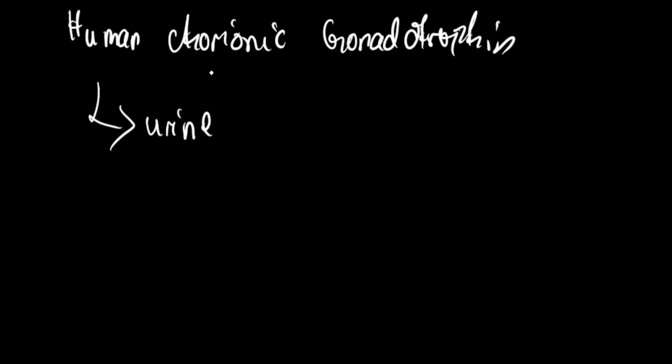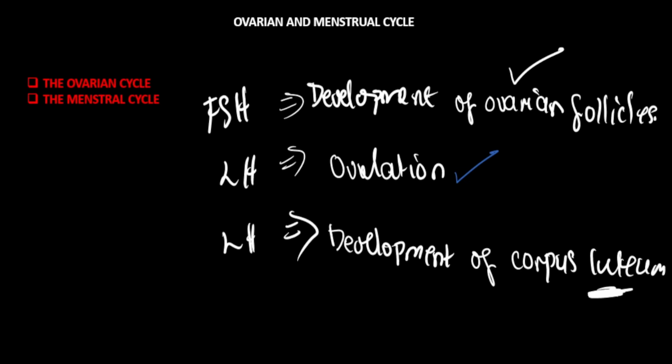Of course, this is because it's produced by the developing embryo, particularly the trophoblast. So it's very important to note that human chorionic gonadotropin forms the basis for pregnancy tests.